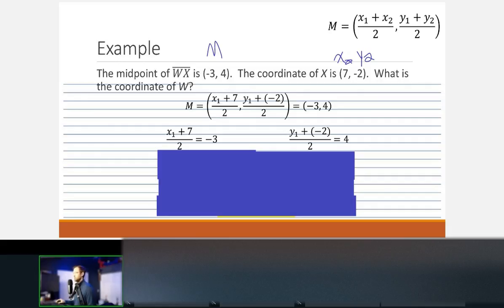Remember, if you are done, give me a green check. If you are still working on this problem, give me an X so at least I know you're here. Okay, never mind. Everyone's done.